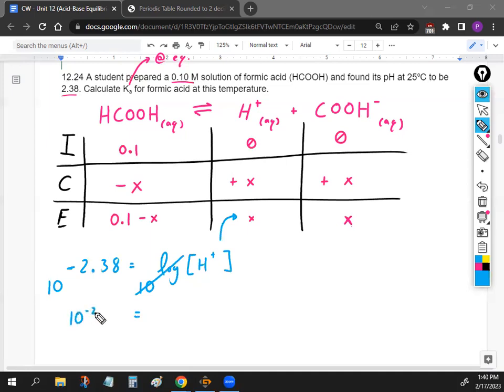So 10 to the power of negative 2.38 is going to be our H plus concentration. If we calculate that out, that gives us 4.2 times 10 to the negative 3 molarity. So X is equal to 4.2 times 10 to the negative 3. Yes. The pH, obviously.